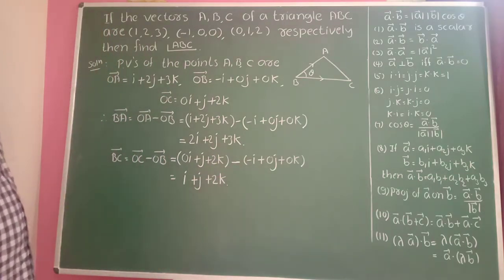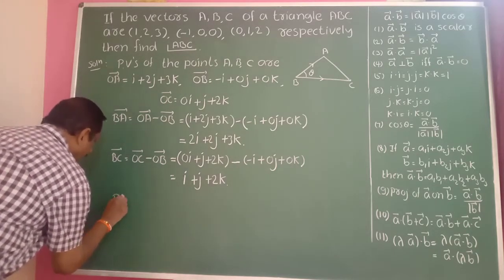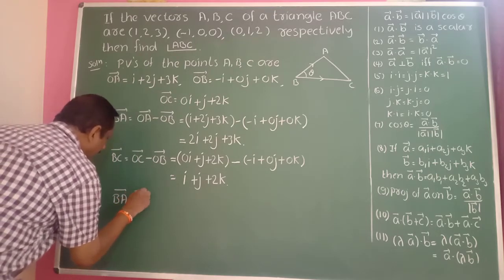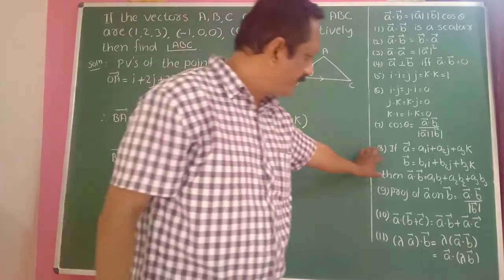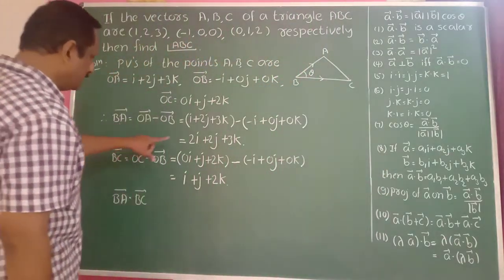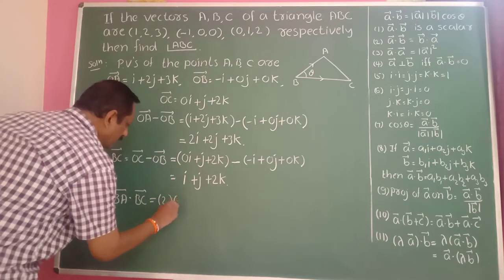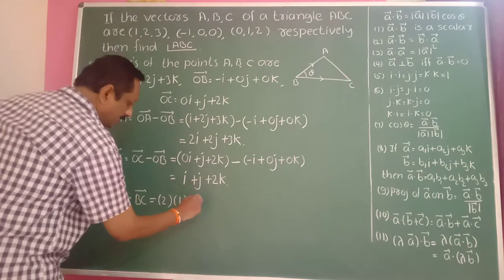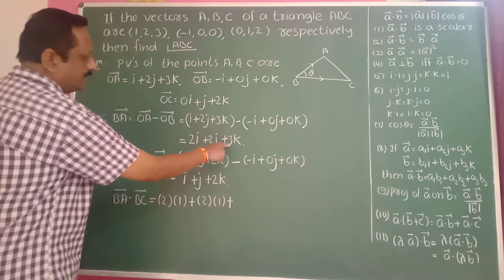Then find its dot product. So BA dot BC, using the formula a bar dot b bar. BA dot BC is 2 into 1 plus 2 into 1 plus 3 into 2.